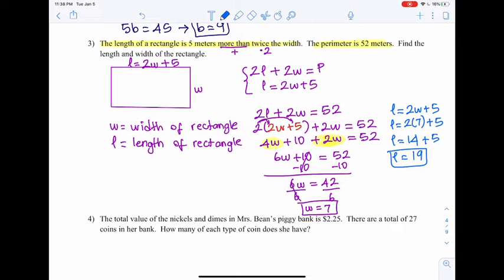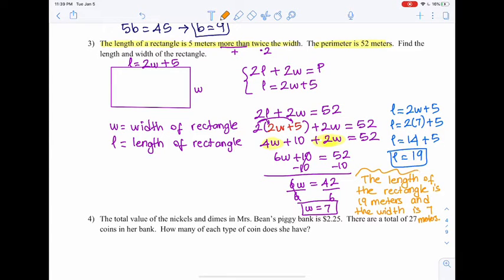So we will say: the length of the rectangle is 19 meters and the width is 7 meters.